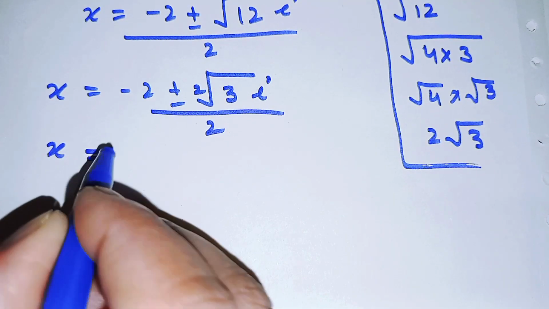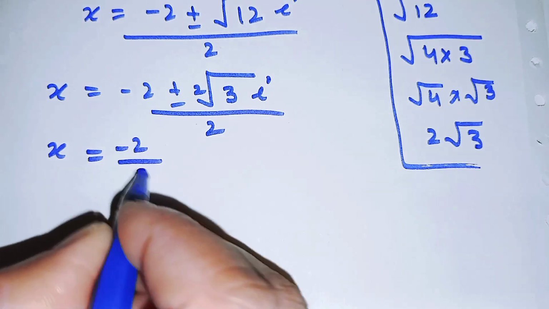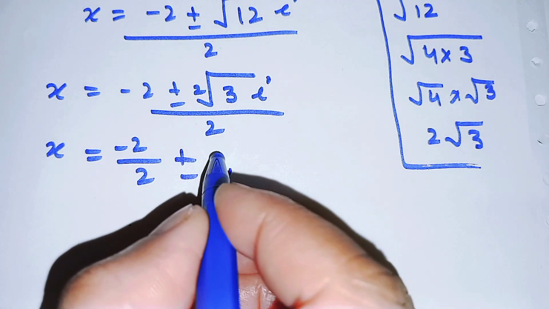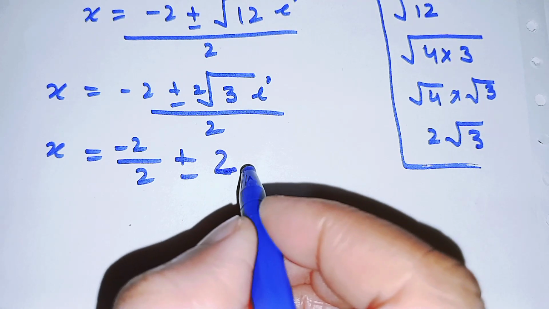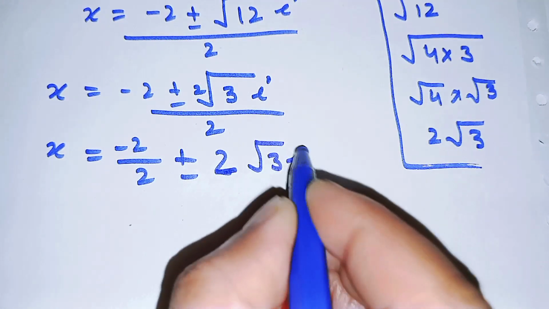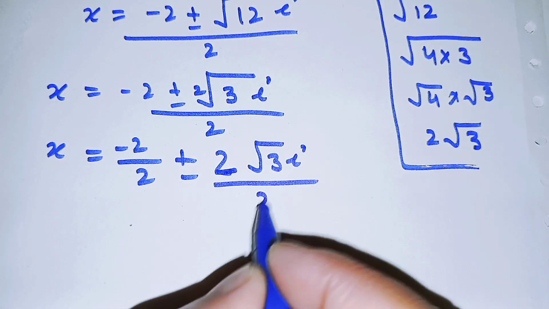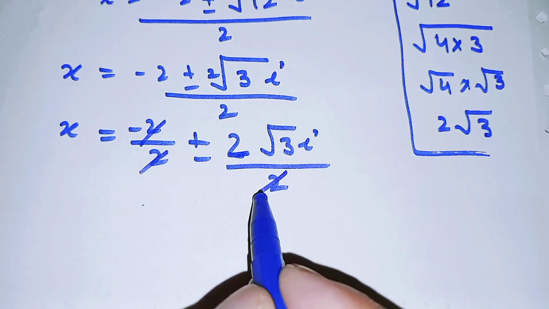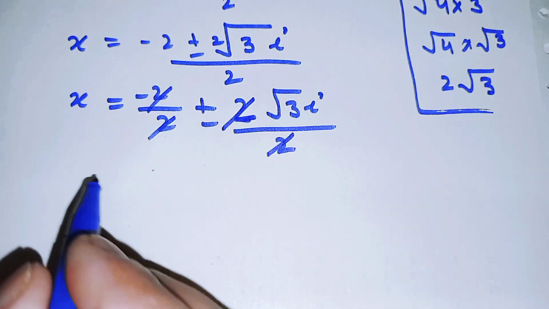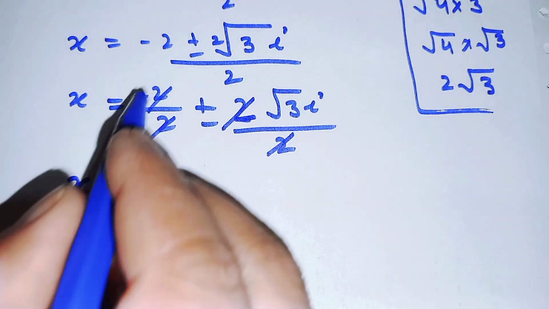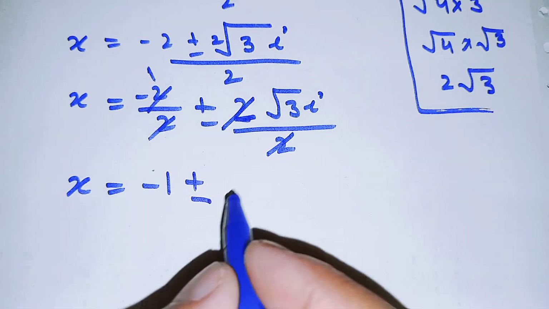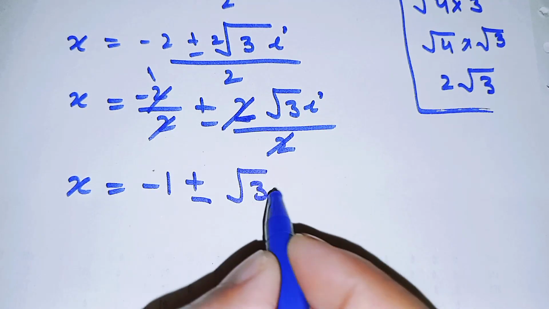So here x is equal to minus 2 over 2 plus minus 2 square root of 3i over 2. So here we cancel out this 2 with this 2, and this 2 with this 2, and remaining is x is equal to minus 1 plus minus square root of 3i.